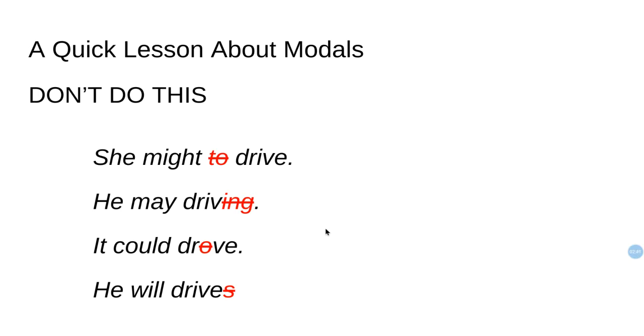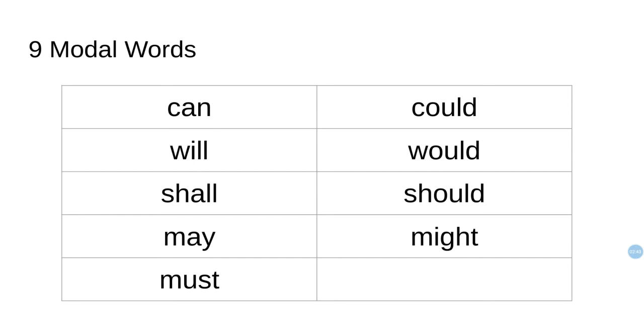There are 9 modals: can, could, will, would, shall, should, may, might, and must. There are also several phrasal verbs such as used to and have to.